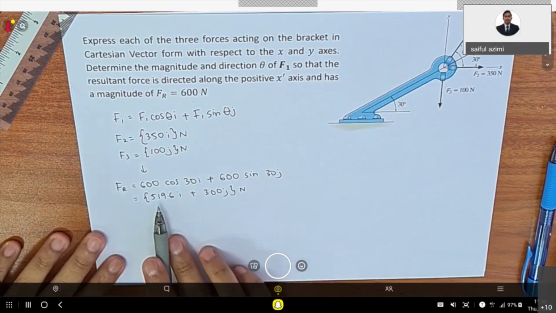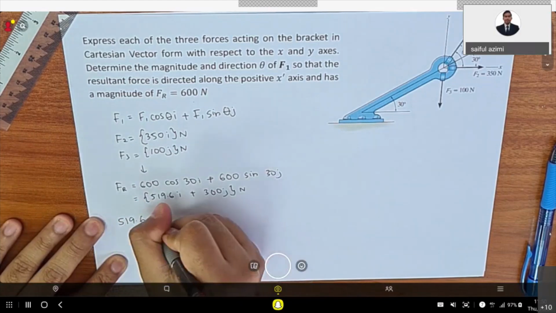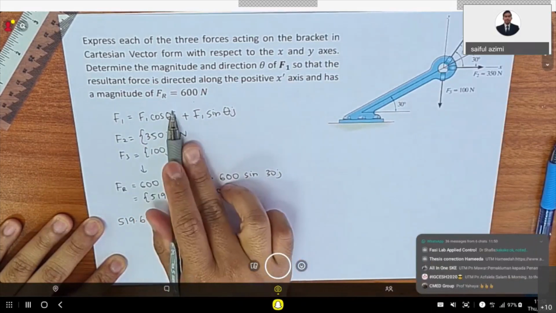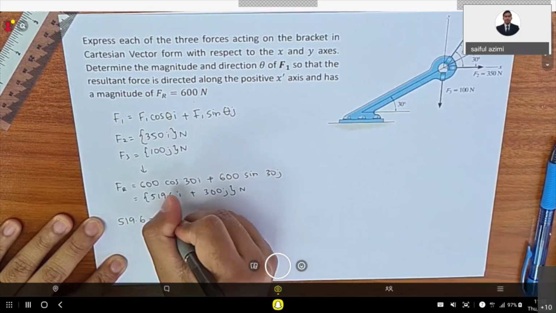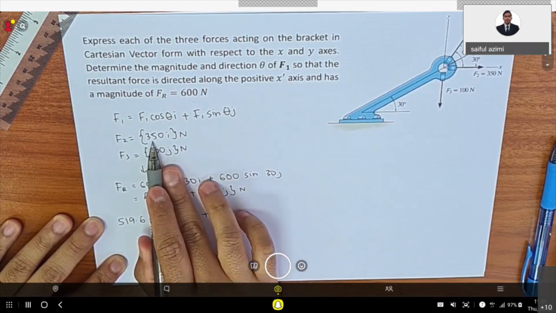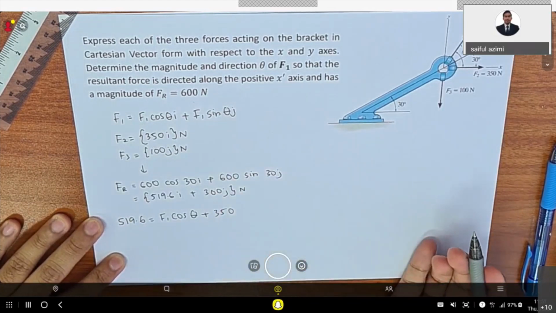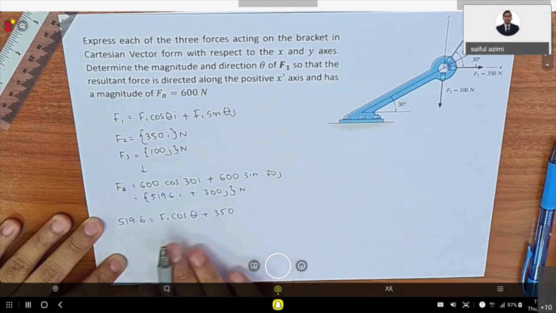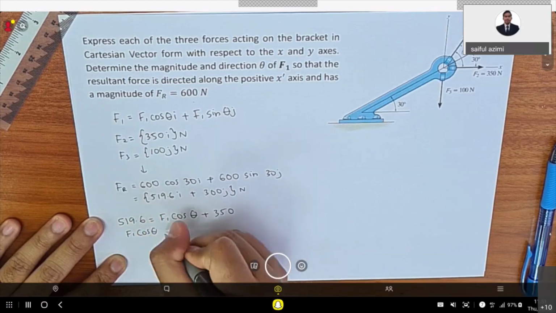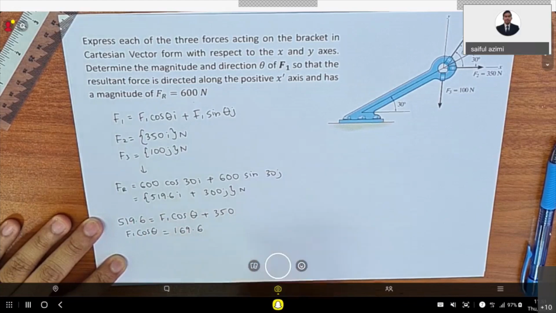From here you have 519.6, you don't have to write the i, and then you equate with all the i elements. So we have F1 cos theta plus 350, and 150 only. You can ignore the i here. After you move it all together, you get F1 cos theta equals 169.6.